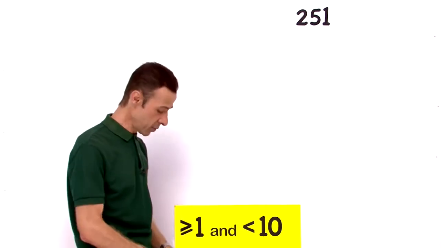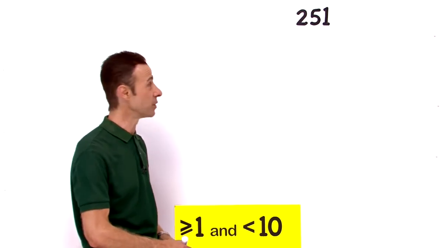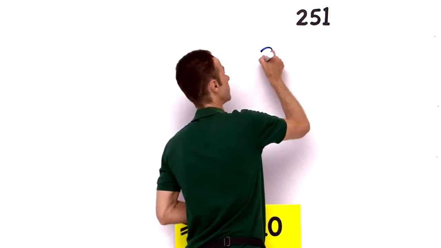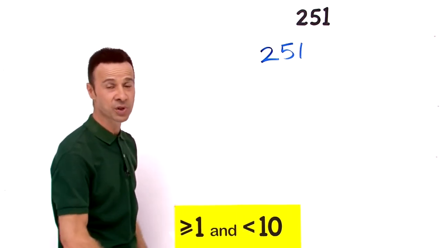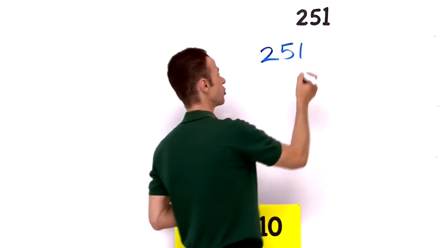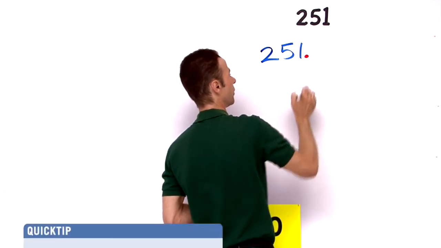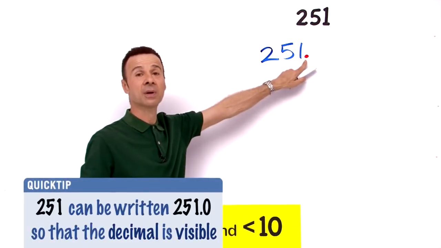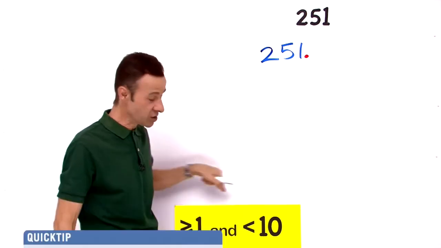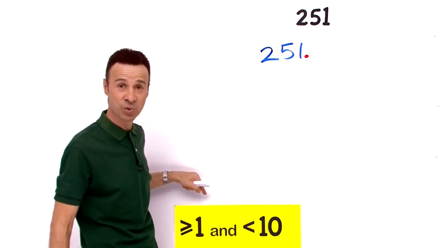So to do that, I'm going to turn this number, 251, and I'm going to move the decimal place, which we can't see. Essentially, it's right here. We don't usually write it, but if you have a whole number, the decimal place is usually there. We move it this way until we get a digit between 10 and 1, as we've indicated.